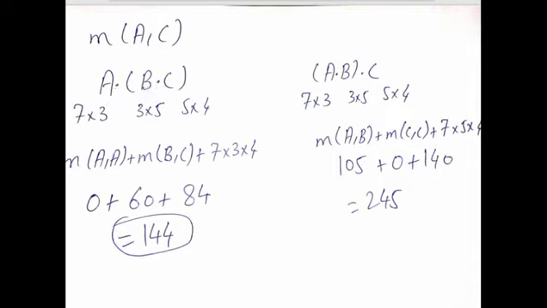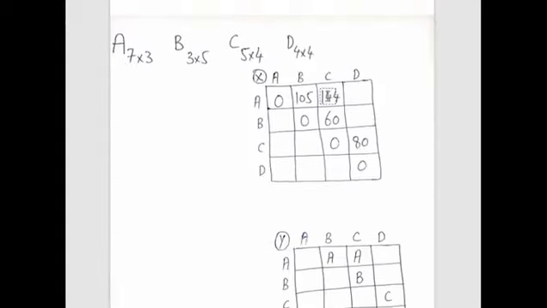Write 144 here. We multiplied the matrix A with C, and which one gave us the answer? That is the A matrix, so we'll write A here. Now go for the next multiplication, that is B to D. As we are going diagonally, for B to D we have to multiply the matrix B with the matrix D.